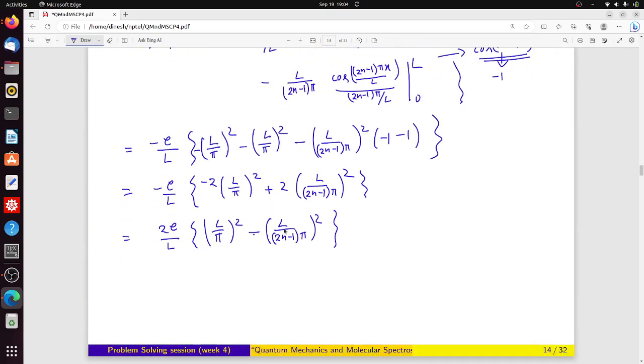Let's just pull out all the L's. Then we will have 2e L square, and there is an L here, 1 over pi whole square minus 1 over (2n minus 1) pi whole square, right? Then there is an L in the denominator, and the numerator got cancelled.